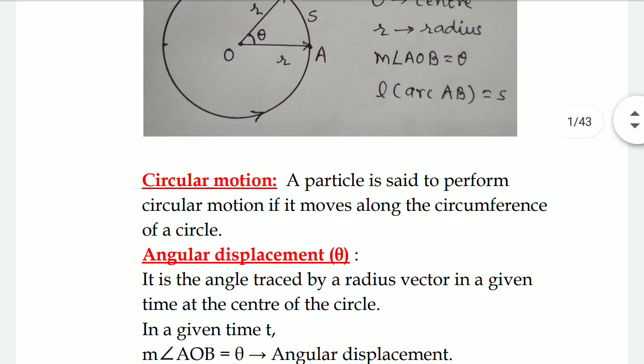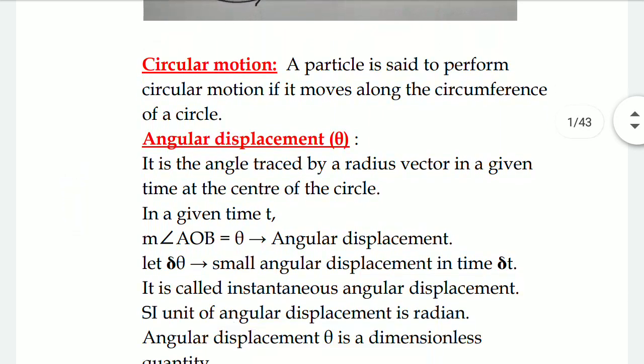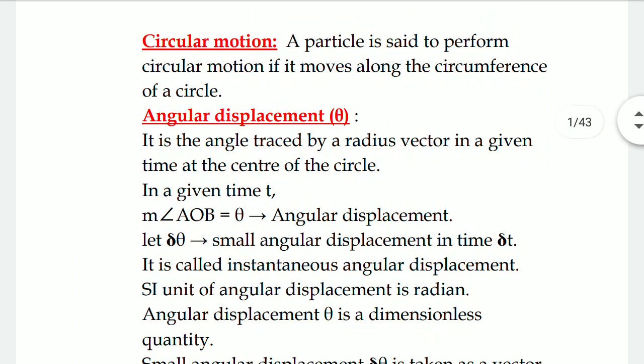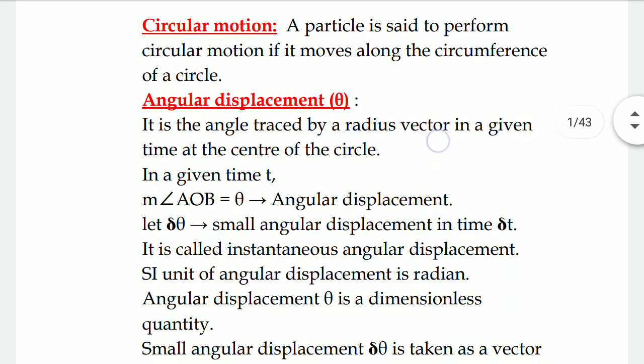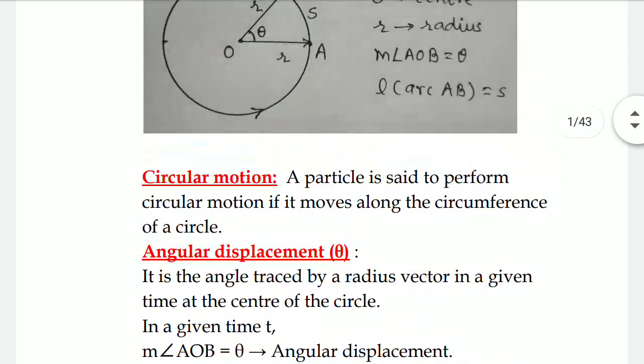So I have now come to another thing called angular displacement theta: it is the angle traced by a radius vector in the given time at the center of the circle. Now I use a word called radius vector here. That radius vector is a vector which starts from the center and moves to the object.